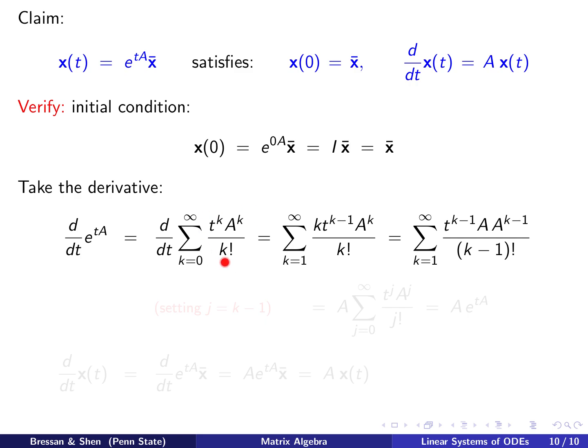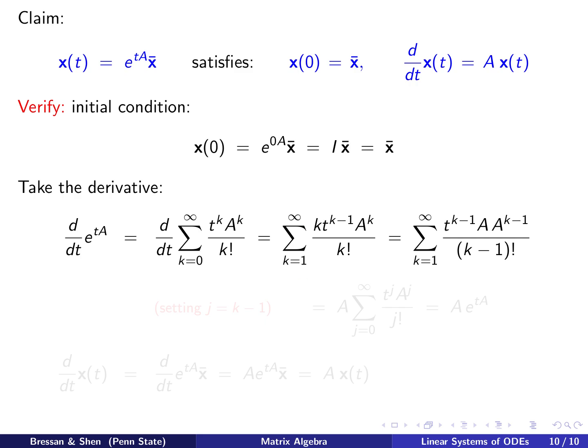So I would take d/dt of this and sum it up. And then inside here, that's the only term with t. The others are considered constant. So I'll be differentiating that, which will give me k times t to the k minus 1. And that holds for all the terms where k is from 1 to infinity. For the term when k equals 0, I actually get 0. So this summation now is for k from 1 to infinity.